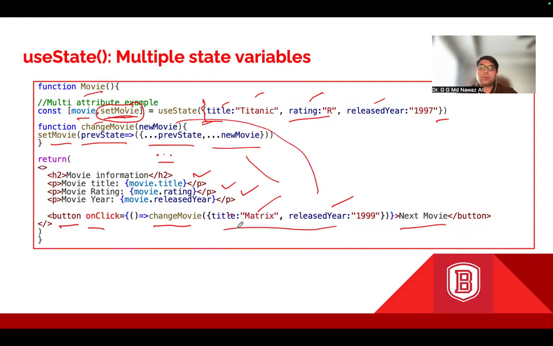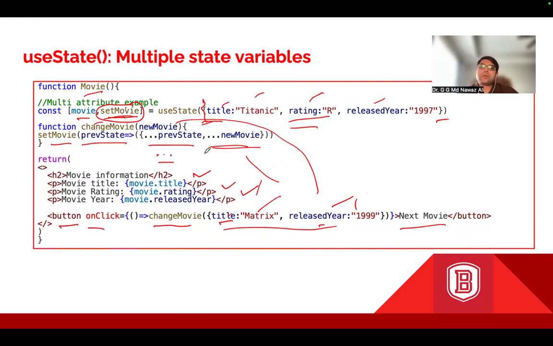The new movie is sending the title and the release year, so it will merge. You keep the previous state and override it with the information from the new movie. The rating stays as it is, and only the title and the release year will be updated.